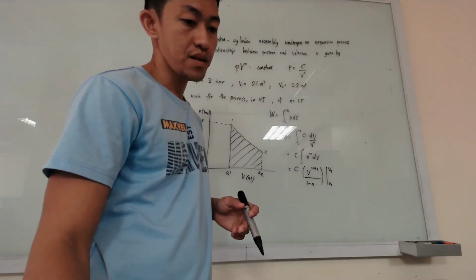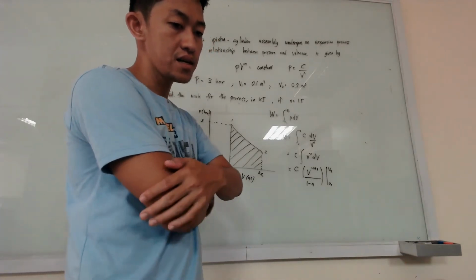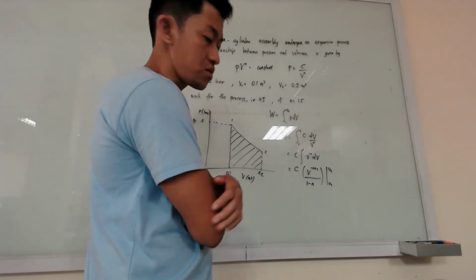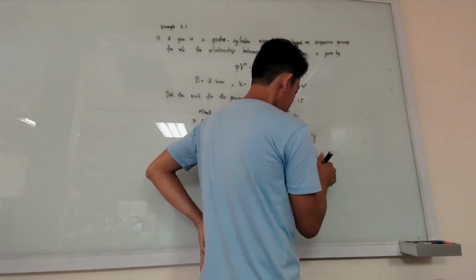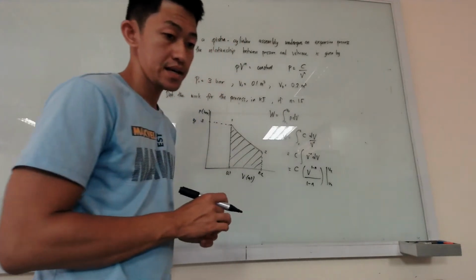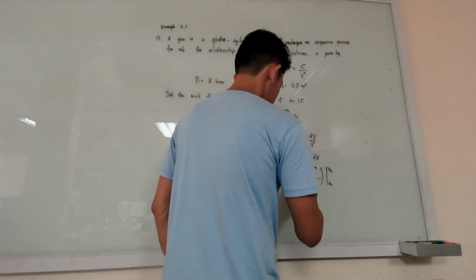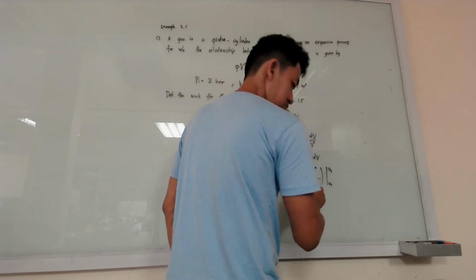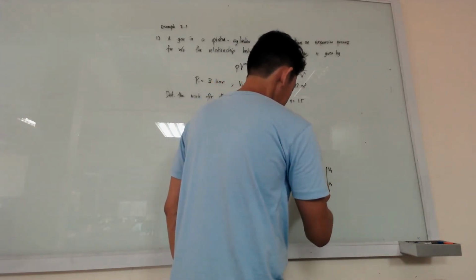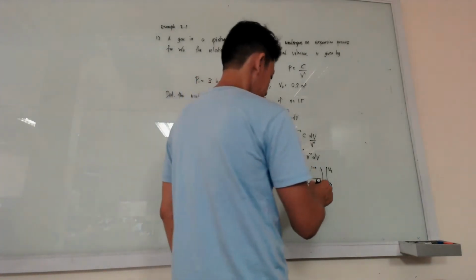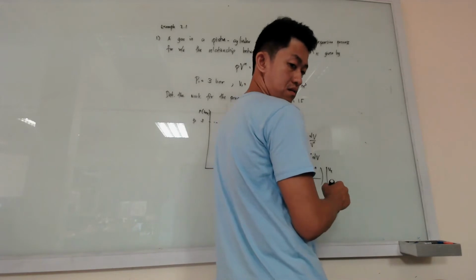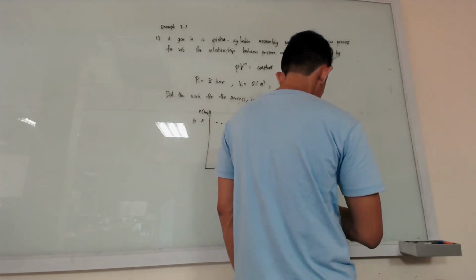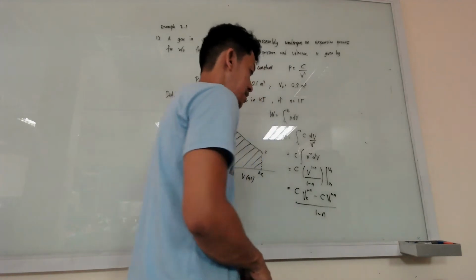So this becomes C times V2 to the 1 minus n, minus C times V1 to the 1 minus n, all over 1 minus n.